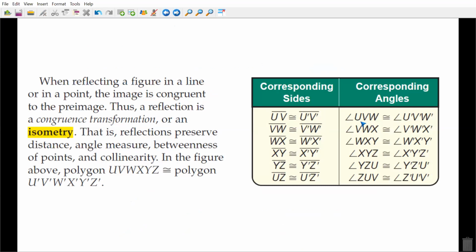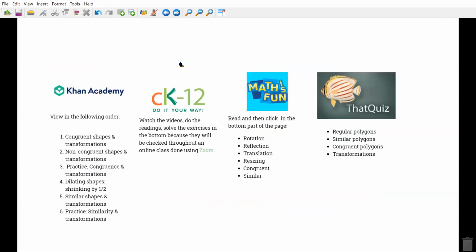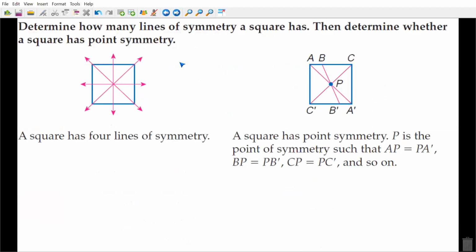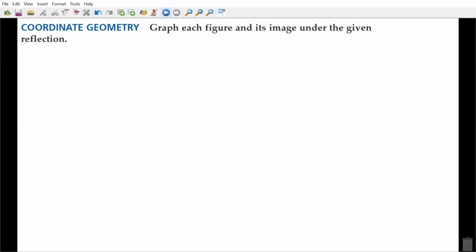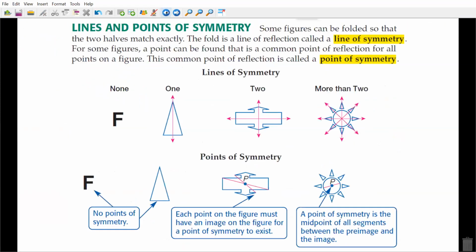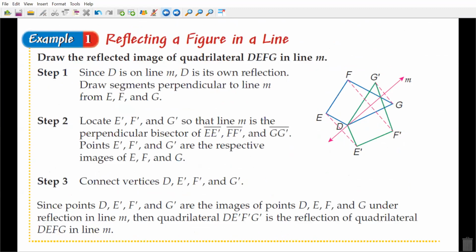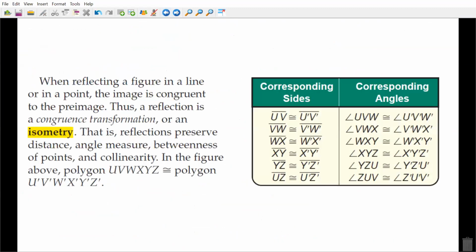And let's see what happens with the angles. Angle UVW. Wait, sorry guys. So the angle UVW has to be congruent with angle U prime, V prime, W prime.